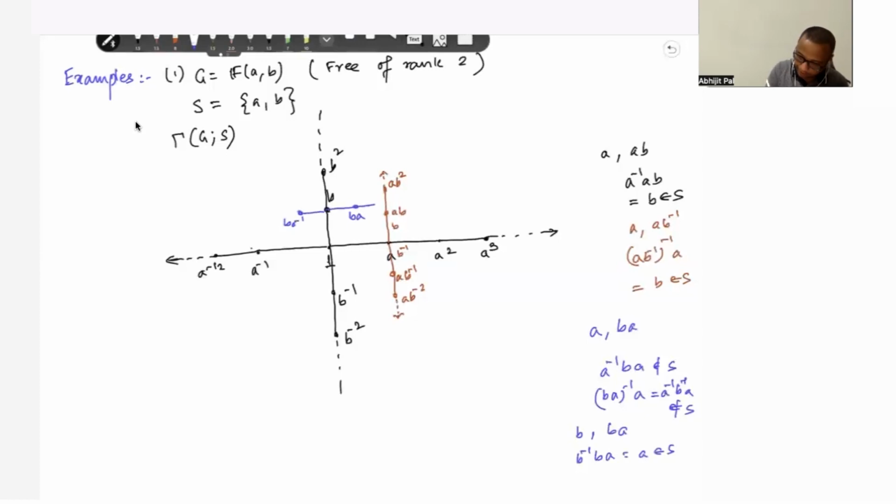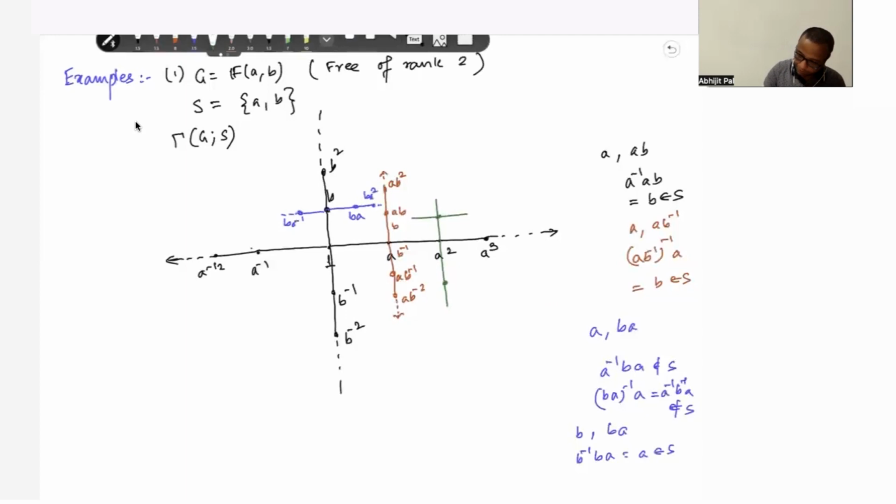We'll get an edge between BA square, and note that this blue horizontal line will not intersect with this red line. Okay. So now corresponding to each of these vertices, either you will get this vertical line or you will get this horizontal line.